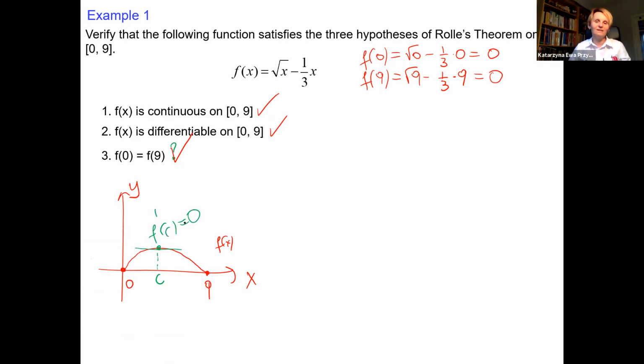It will definitely be there, because we have to create a kind of hill when we go from one point to another that has the same value. And we can try to find this point. We can compute it because it's not complicated. We definitely know that the point exists, and C is definitely placed between 0 and 9.